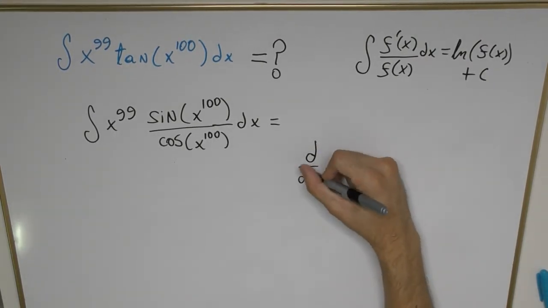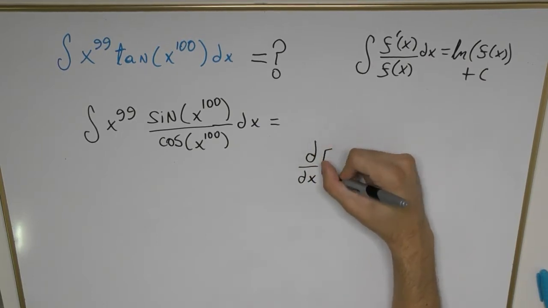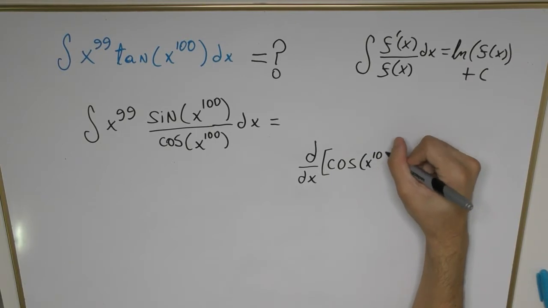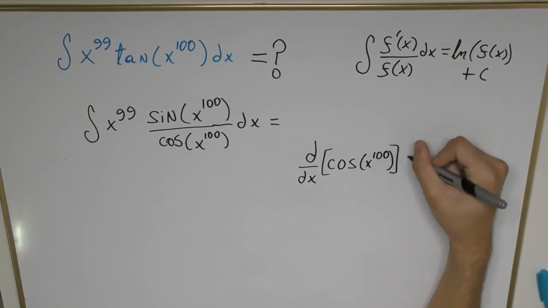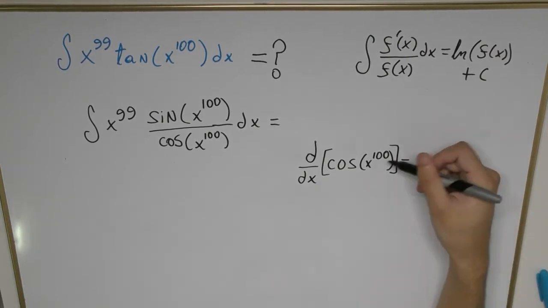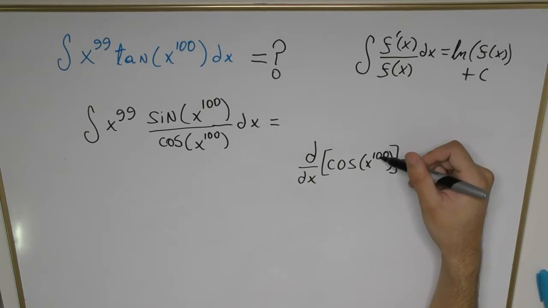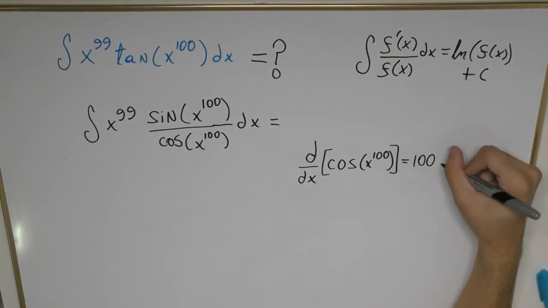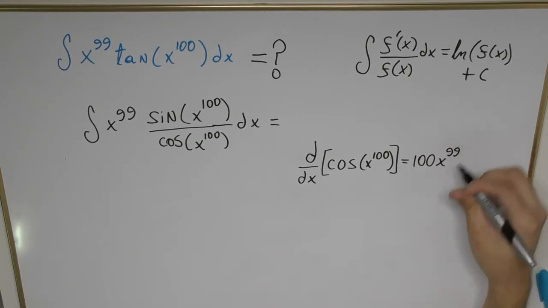So we're going to start off with d over dx of cosine of x to the power of 100. And that's basically going to give us the following. We're going to apply the chain rule here. First, we're going to differentiate whatever is inside that function, which is going to be 100 x to the power of 99.